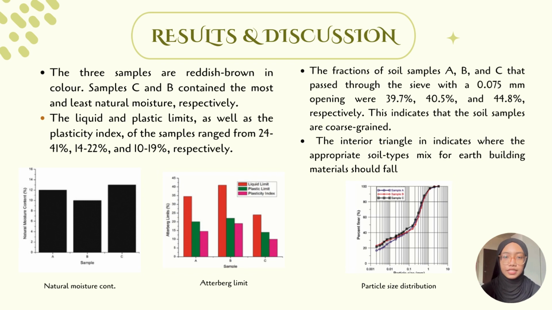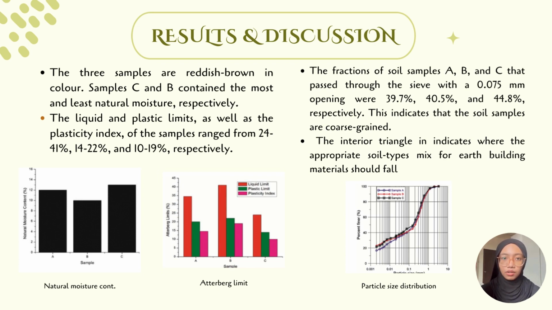We move on to the results and discussion. The three samples are reddish brown in color. Samples C and B contain the most and least natural moisture, respectively. The liquid and plastic limits, as well as the plasticity index of the samples, range from 24 to 41%, 14 to 22%, and 10 to 19%, respectively.